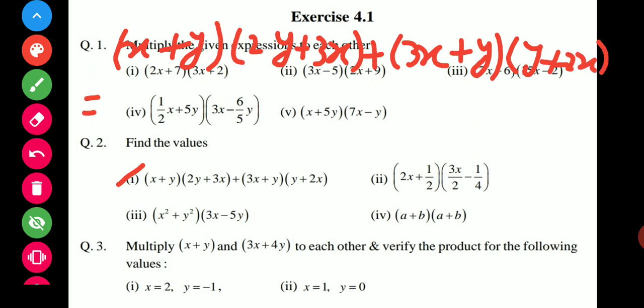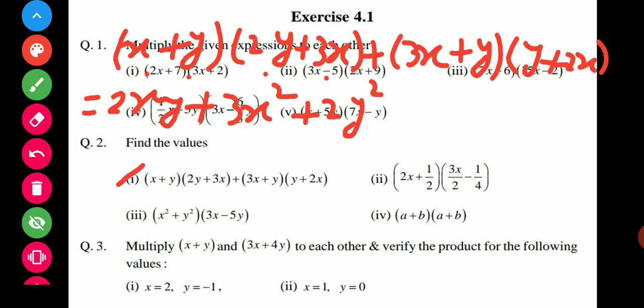Now multiply x to this 2y, that is 2xy, plus x multiplied to 3x, it is 3x square. Now y multiplied to 2y, so it becomes 2y square, and y multiplied to 3x, so it becomes 3xy.